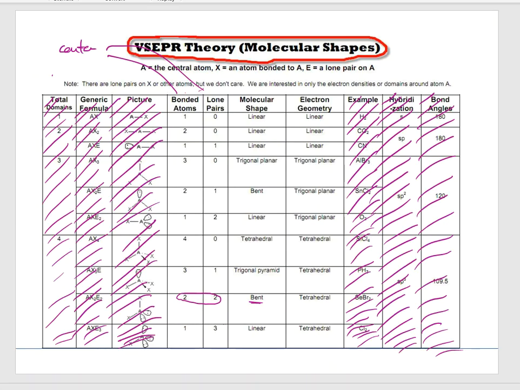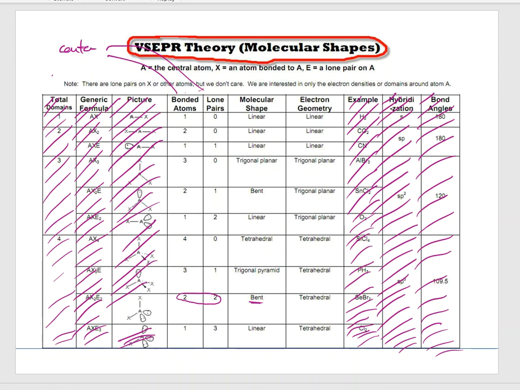If you look at the way that they've done this example for you, let me erase those lines, you do get a bent type of environment there with 2 pairs of electrons that are basically right here. So this is the shape that we are after. We are going to call this a bent molecule.